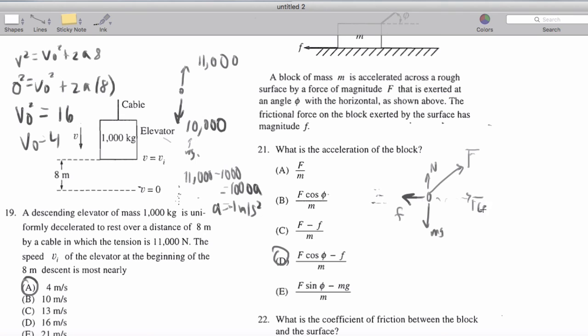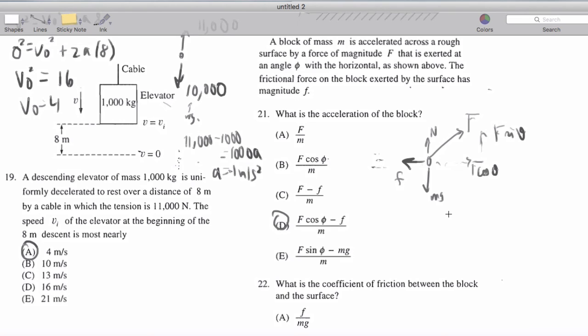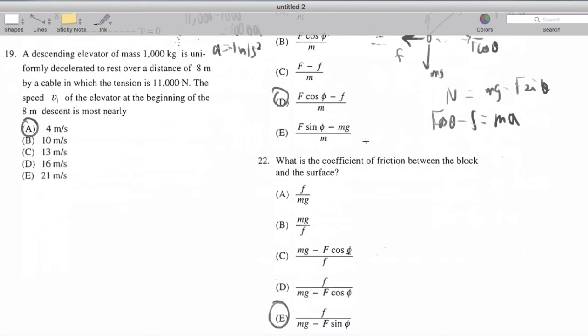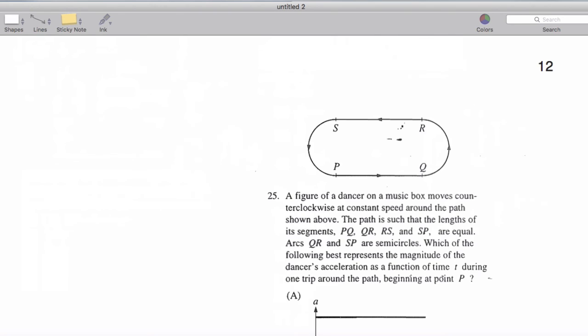This is F cos theta. This is F sine theta. So we have that the normal force equals mg minus F sine theta. And we got F cos theta minus the friction is m times a. All right. So that's how we get those next two problems done.